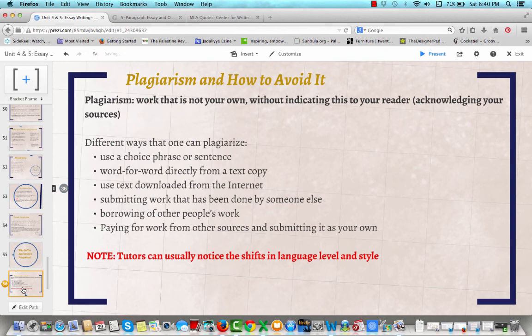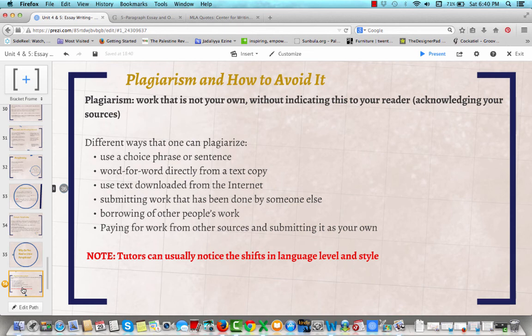Now, we think that when we say plagiarism or stealing someone else's idea, it's simply taking his work and giving it to another person and saying that's your own work. That's not it. That's only one part of plagiarism. There are many different ways that you can plagiarize.